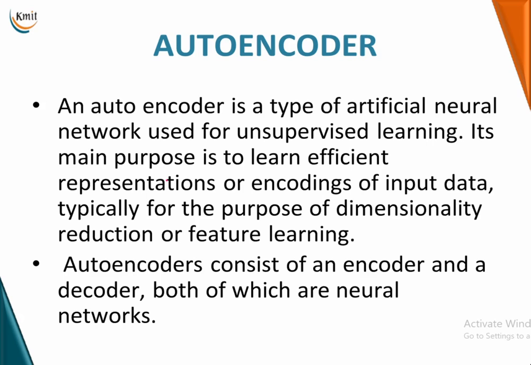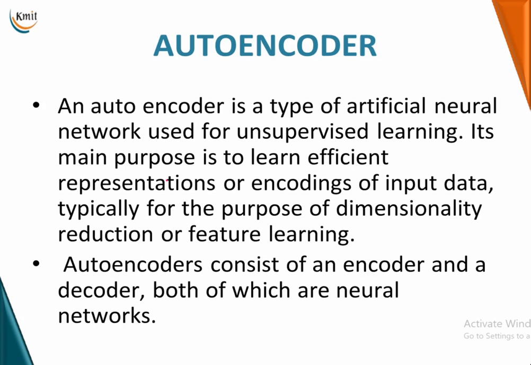Now, diving into what exactly an autoencoder is, after seeing its need. An autoencoder is a type of artificial neural network which is used for unsupervised learning, very important. Its main aim is to learn efficient representations or encodings of input data for the purpose of dimensionality reduction or feature learning.